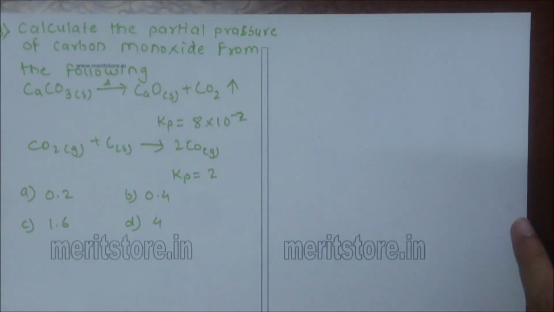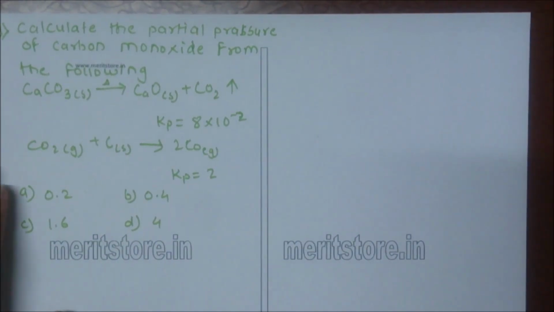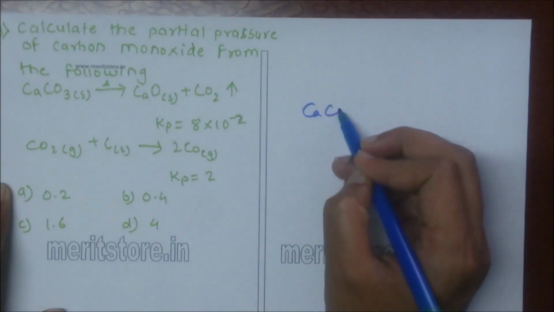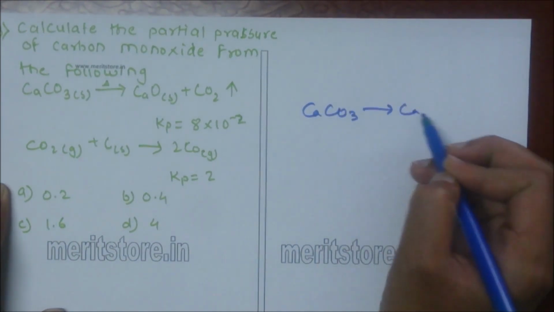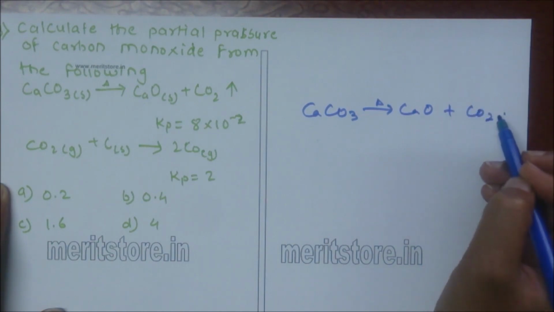So the next question is, calculate the partial pressure of carbon monoxide from the following: CaCO3 gives CaO plus carbon dioxide, and carbon dioxide plus carbon gives 2CO, where Kp is 8 into 10 raised to minus 2. So in the given reaction, CaCO3 on heating will give CaO plus CO2.